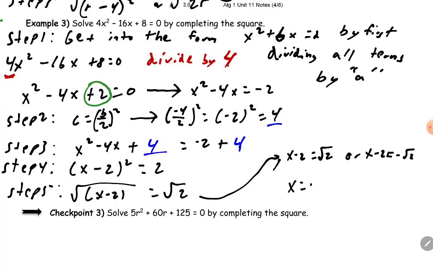So x equals square root of 2 plus 2, or x equals negative square root of 2 plus 2. This one would be 3.41, and this one would be 0.59.